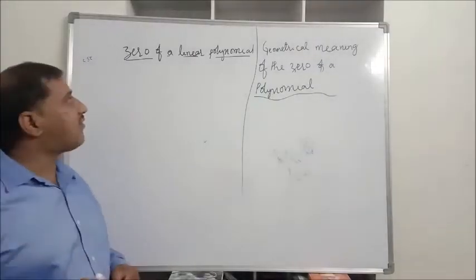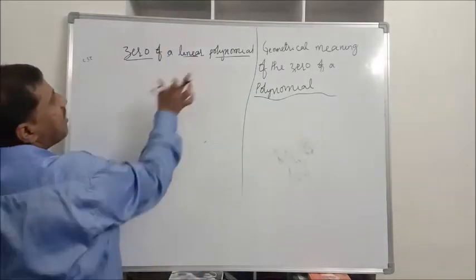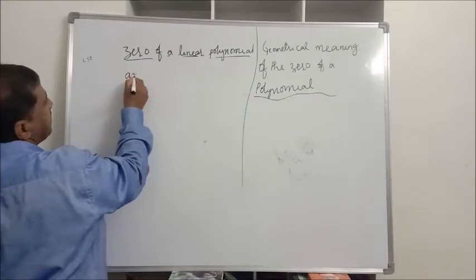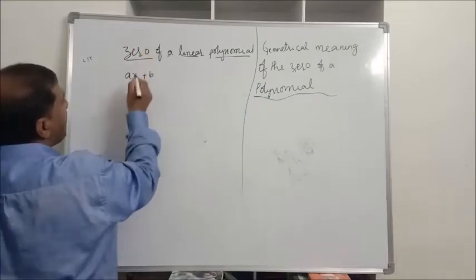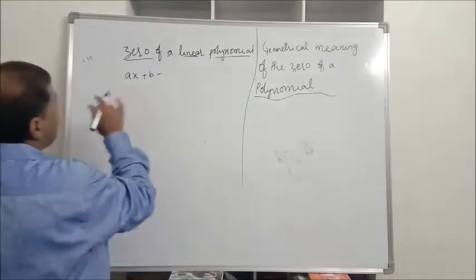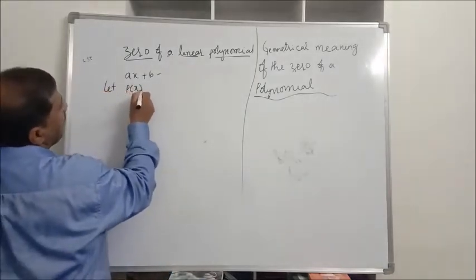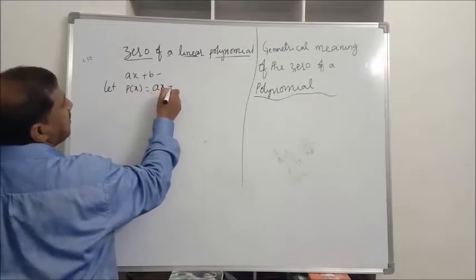Now, zero of a linear polynomial. The standard form of a linear polynomial is ax plus b. How to find the zeros of this polynomial? Let p of x be equal to ax plus b.